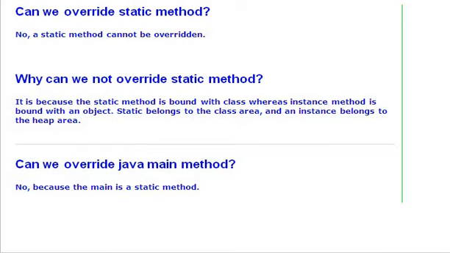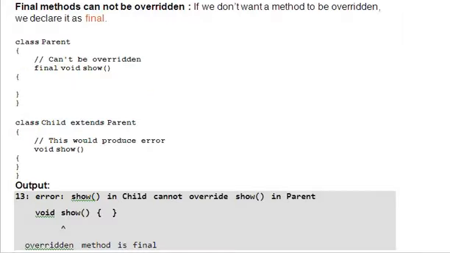Can we override a Java main method? No, because it is a static method. Any method which is declared as final cannot be overridden. Look at the class name Parent with the method void show, which is final. So from the parent class, Child is created. In this again we used void show. This will give you an error.